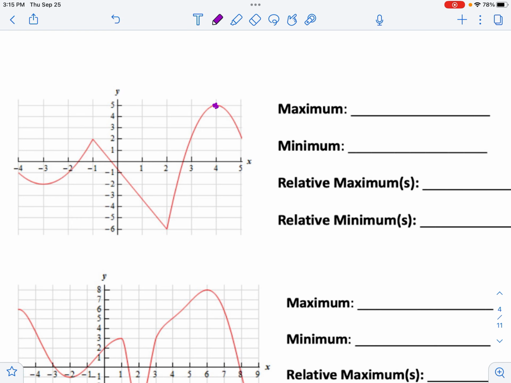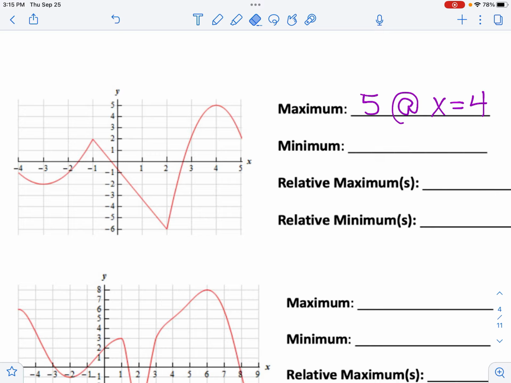So when we say what is the maximum value, we're really saying how high does that get? So the absolute maximum would be 5, and we would say that would occur at x equals 4. All right. So that's my absolute max.